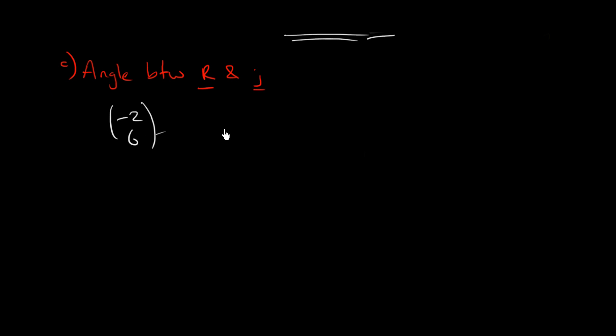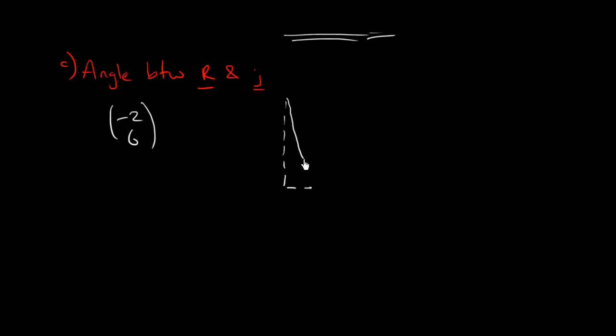Let's draw it so we have a rough idea of where it's going. We have minus 2 in this direction, and then 6: 1, 2, 3, 4, 5, 6. So it's quite high in that direction.